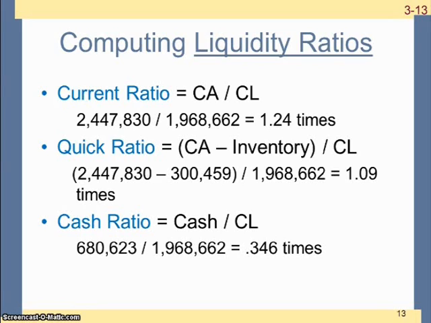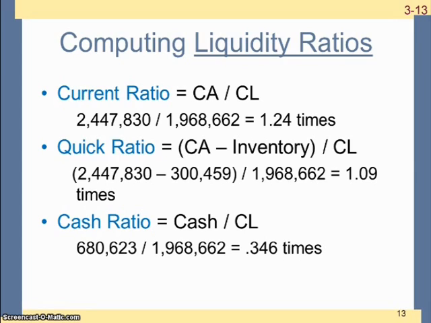The quick ratio is computed as current assets minus inventory divided by current liabilities, which is also known as the acid test ratio or the quick assets ratio. It excludes inventory from current assets. Inventory is excluded because some companies have difficulty turning their inventory into cash.